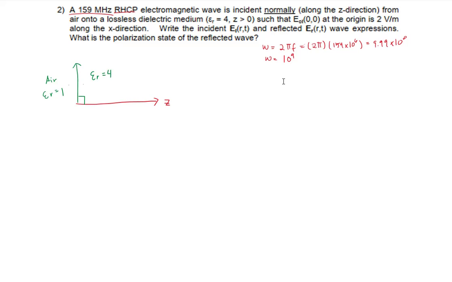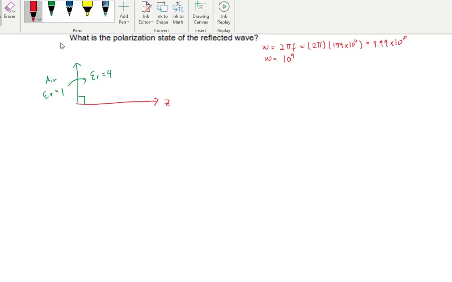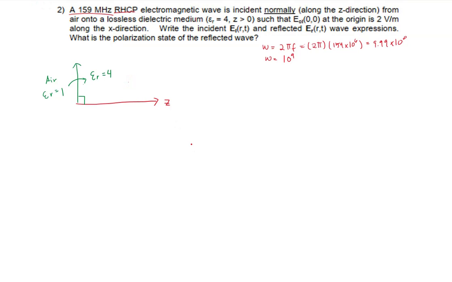So it's going from here to there, and what that tells us is that the wave is also propagating from left to right along the z direction. So that's k sub i.